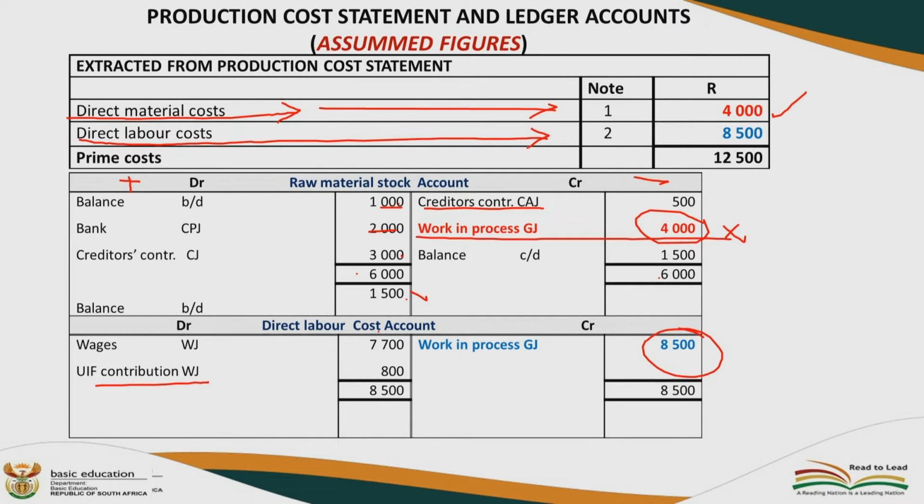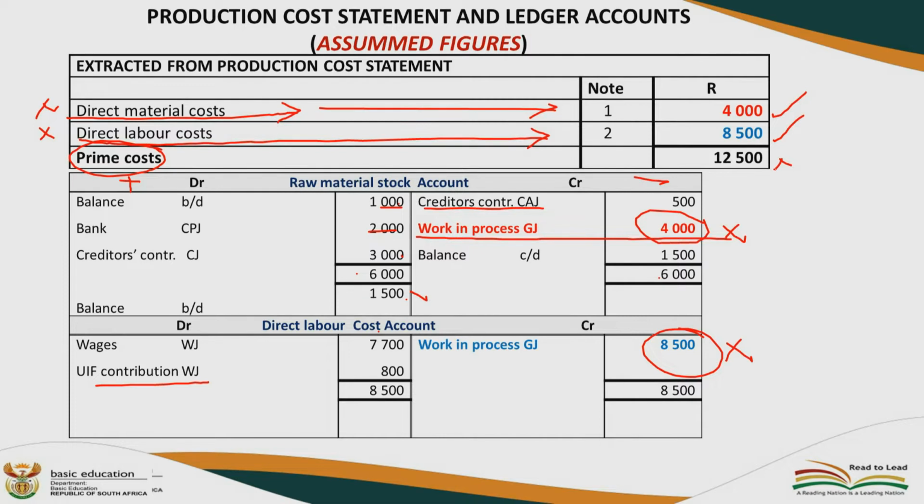So we have our 8.5, which was here. It then appears here. You still remember, boys and girls, what I taught you earlier on? When you have direct material plus direct labor, when we add them, what do they form? Correct. They form what is known as prime cost, which is now your 4,000 plus the 8.5 gives you 12.5.